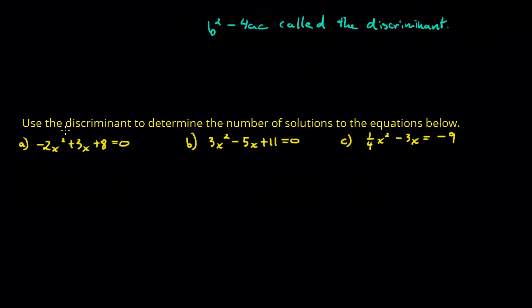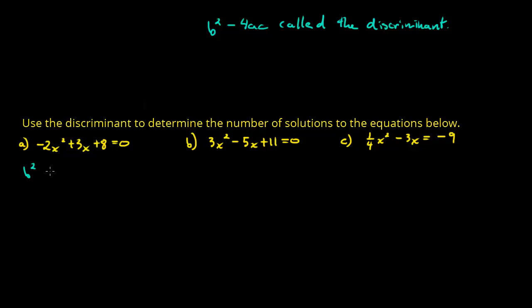So it says here, use the discriminant to determine the number of solutions to the equations below. First off, we have negative 2x squared plus 3x plus 8 is equal to 0. We're going to use the discriminant to figure out how many solutions we have to this equation.